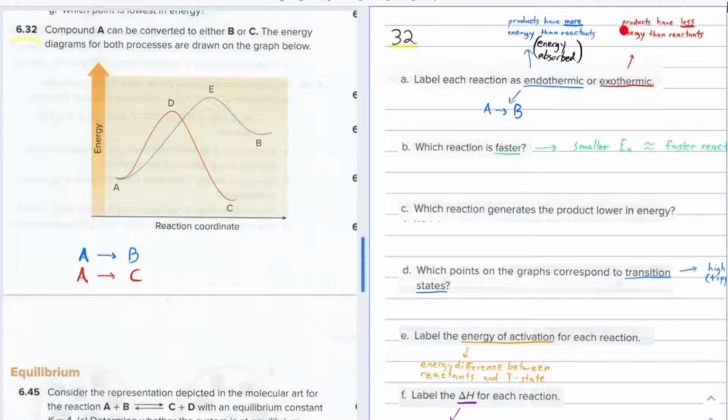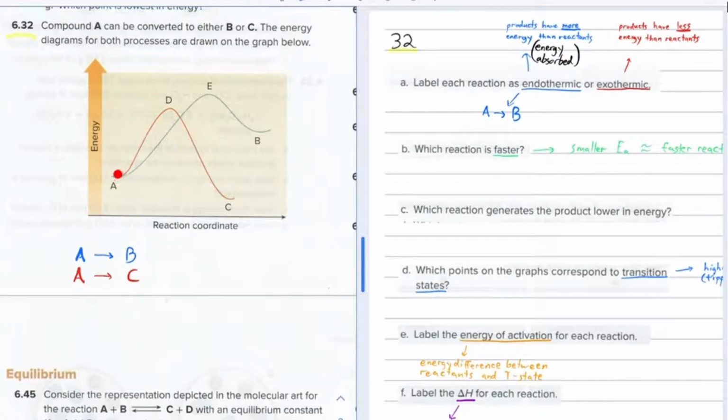In exothermic reactions, products have less energy than the reactants do. If you start with a certain amount of energy in the reactants and the products have less energy, then what happens to that energy? Well, it's released, usually in the form of heat.